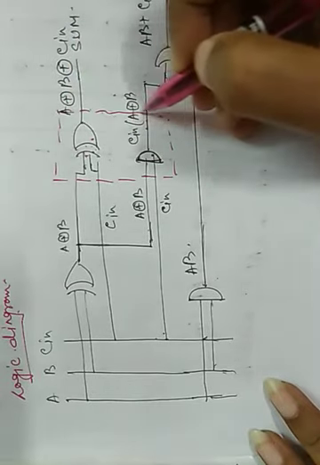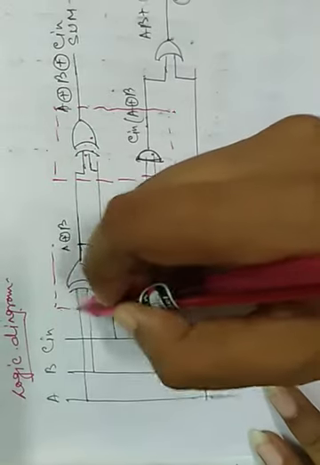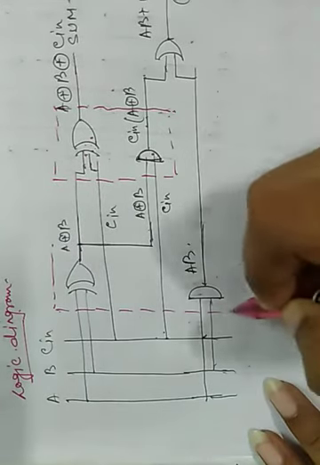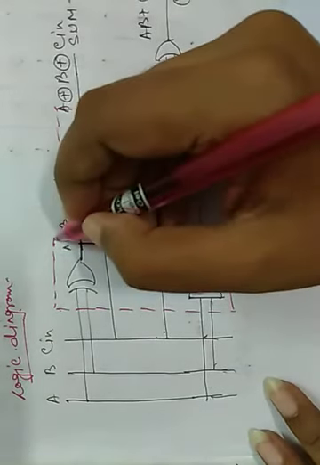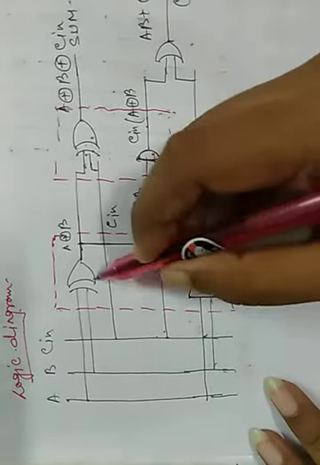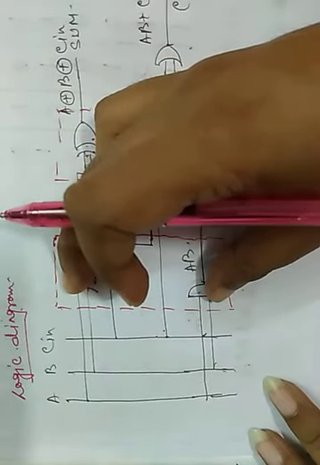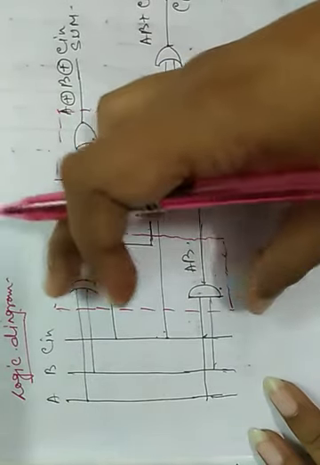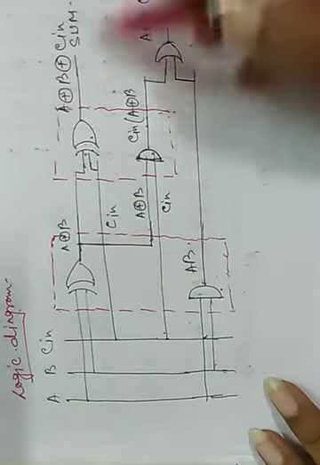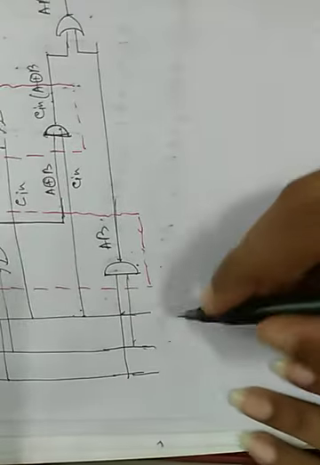So in the full adder circuit, you can see easily that there are two half adders, each with one exclusive OR and one AND gate, and by replacing each such pair with one half adder, we can get the full adder circuit.